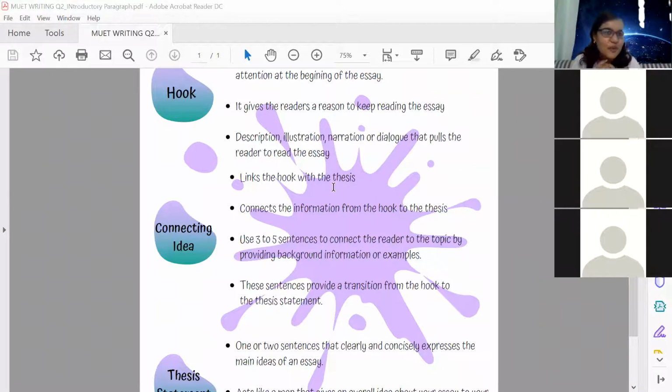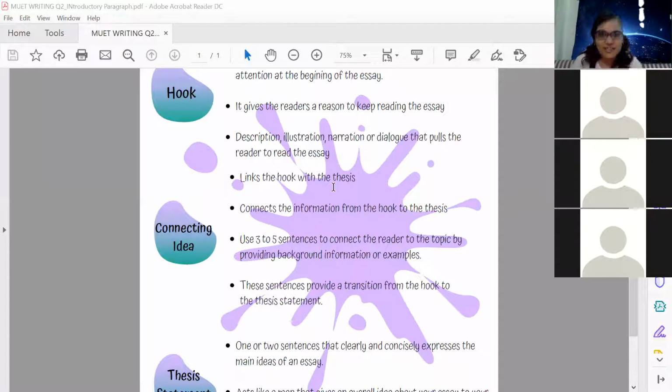Would you straight away go approach that person? Background check, yes. How do you do a background check? Facebook, Instagram. You go read about that person, you go find out about that person and whatnot. So that is what connecting idea is all about.